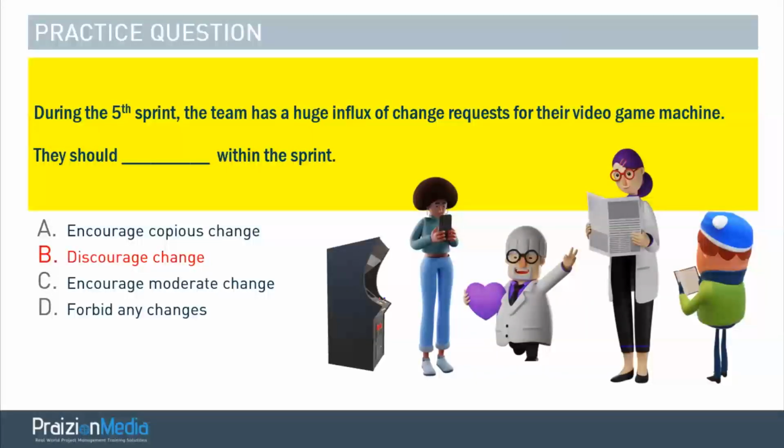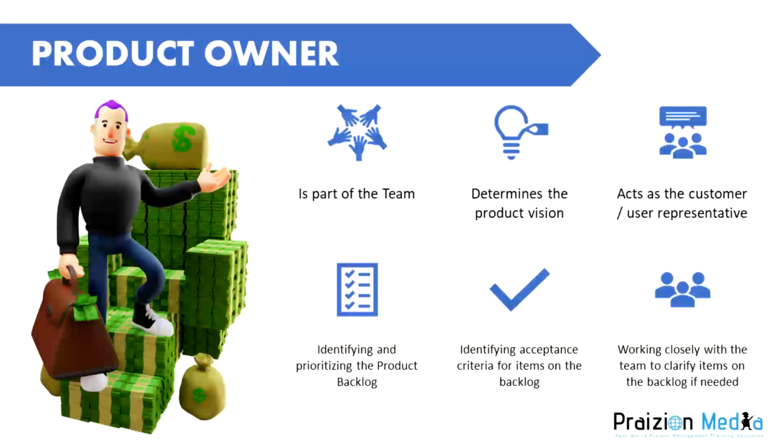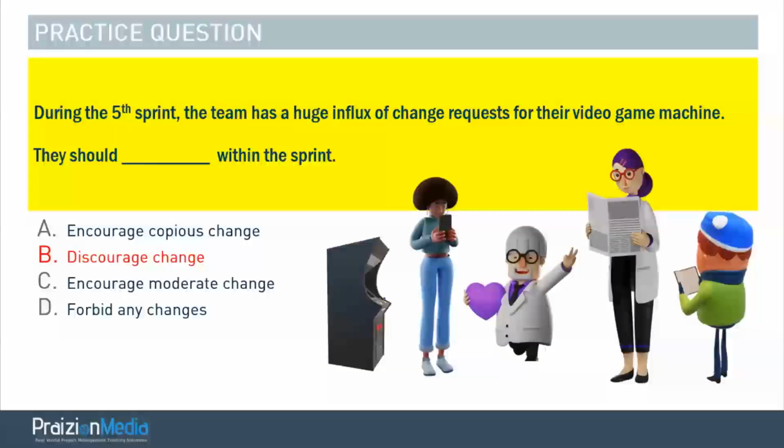And you do know that every change within the sprint must go through the product owner. If the product owner says no, that's it. The product owner role must be respected in the organization. All right, let's move ahead. Please move to the next one.